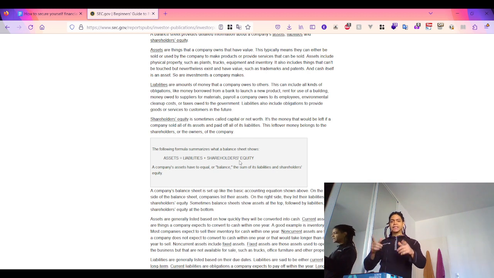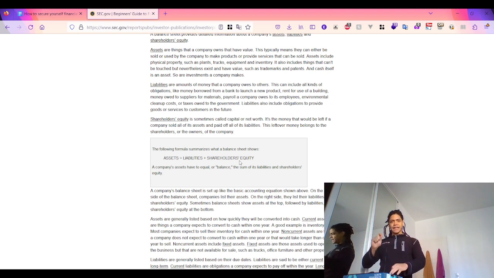Assets are generally listed based on how quickly they can be converted into cash: current assets, which can be converted into cash within a year or less, for example inventory; non-current assets, things that will take longer than a year to convert into cash; and fixed assets, assets that are not for sale because they allow the business to run.